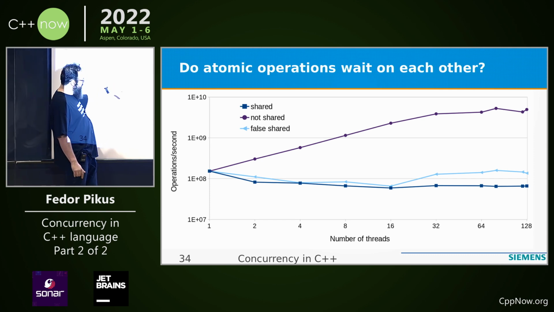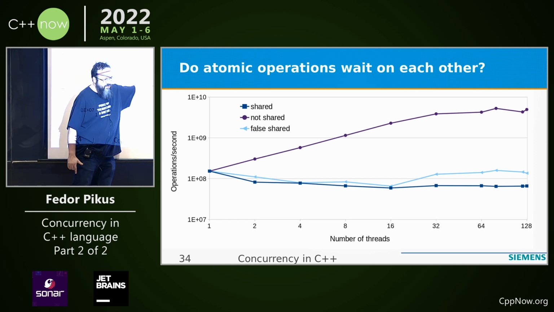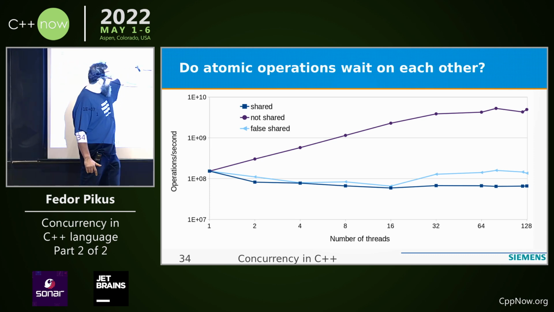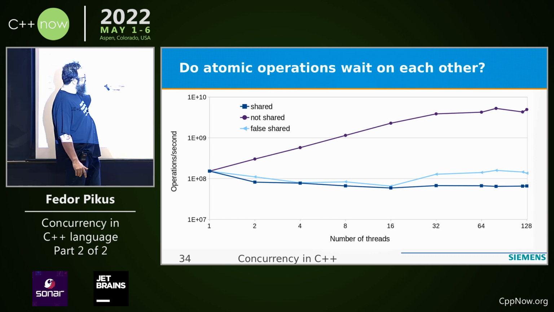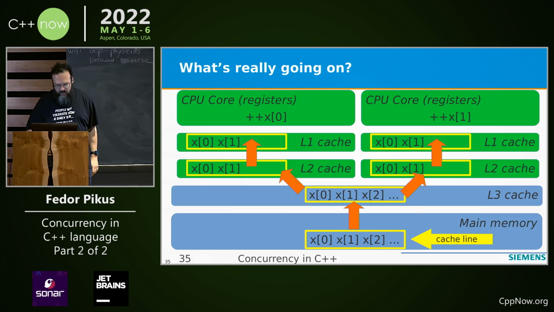So this proves, first of all, that when they access the same memory location, they do wait on each other. Here they are waiting on each other. They're running serially, as you can see. When they're accessing different memory locations, they're not waiting on each other. And when they're accessing adjacent memory locations, something weird is going on.